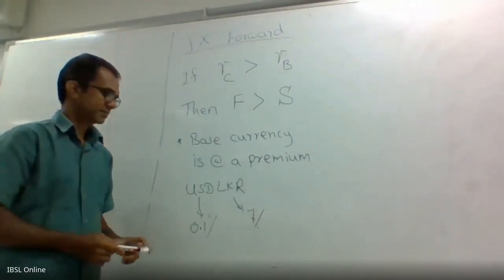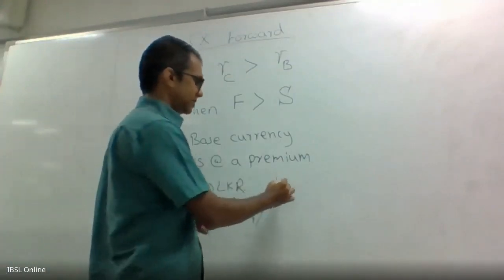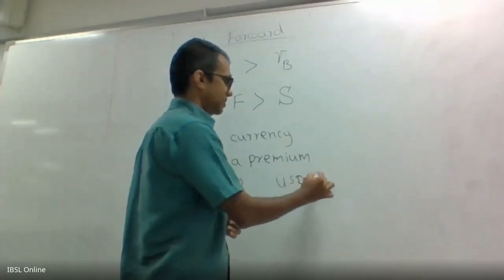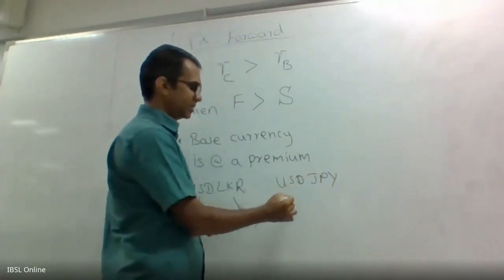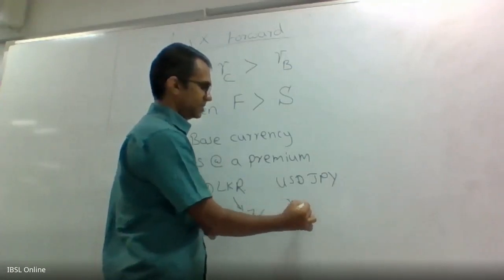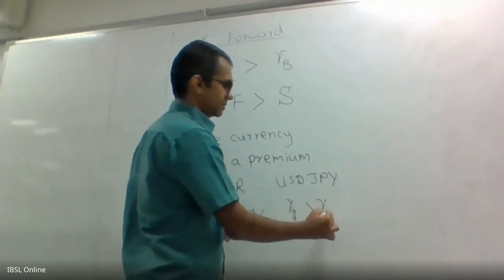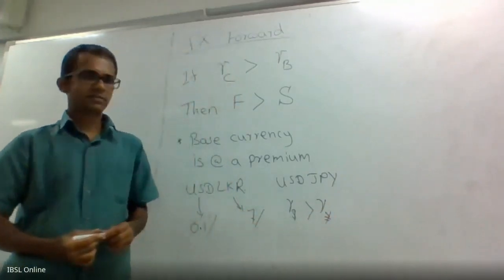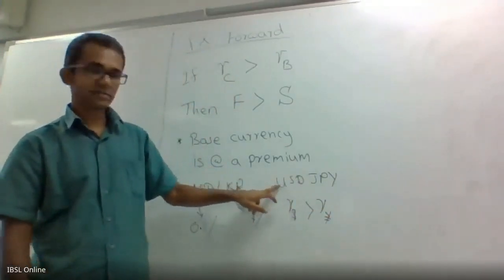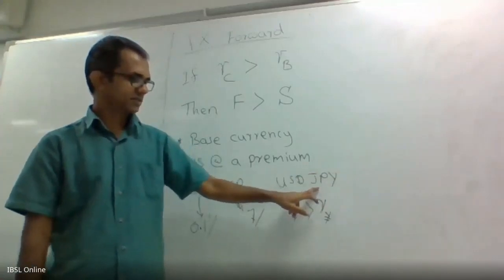spot rate. But consider USD JPY. Most of the time, dollar interest is greater than interest of yen. But the base currency is dollar. Yen is the counter currency.